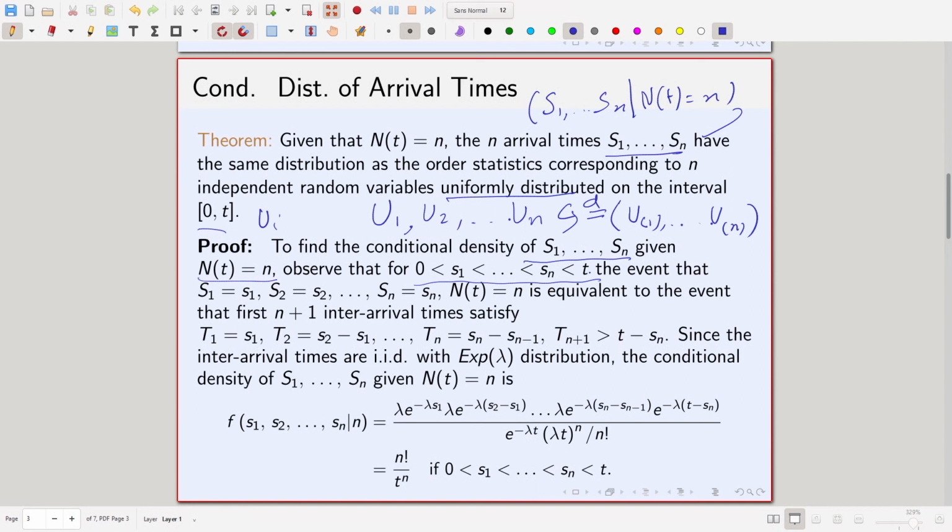Like in the previous problem, the time of occurrence of the first event must be less than or equal to t, because you were told that up to time t there has been one event.